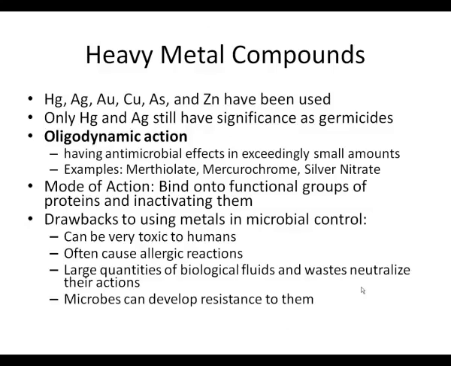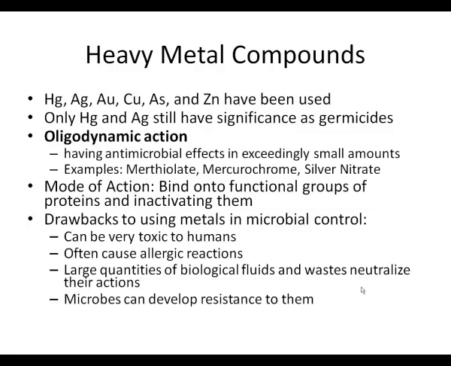You do have some heavy metal compounds. These are going to be things like mercury, silver, gold, copper, arsenic, and zinc. These are going to have some significance as germicides, particularly mercury and silver. These have what they call an oligodynamic action.